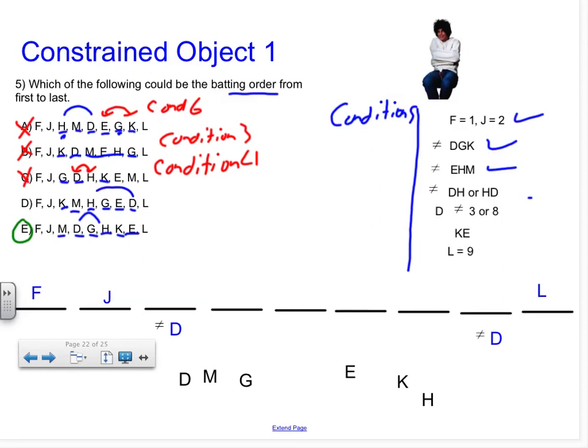D and H are separated, but I already see what's wrong here. It breaks this condition right here. D is in the eighth position. So it breaks conditions 1, 2, 3, 4, 5. So E is the credited response.